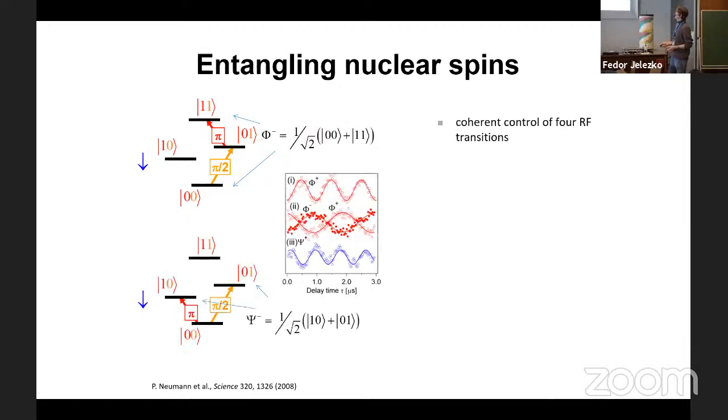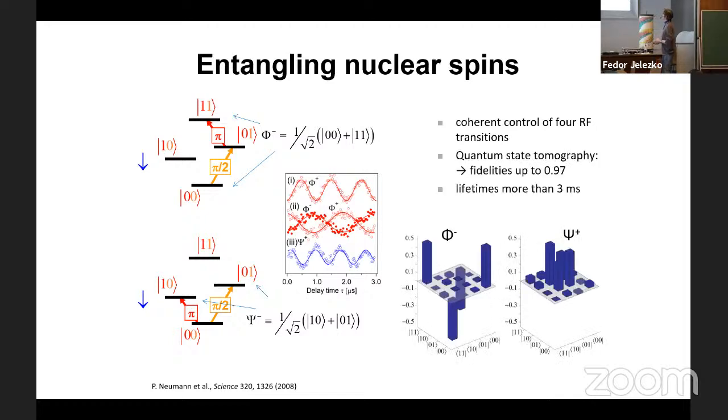Let's create the phi entangled state. You can also choose another transition for the pi pulse, and you will create a psi entangled state. This state acquires a phase differently compared to a single nuclear spin, and that you can measure. It's a phase accumulation signal and characterizes the purity of your entanglement in this case.